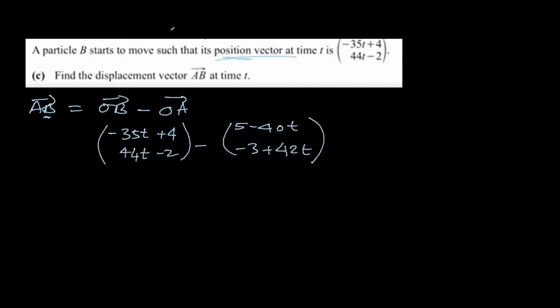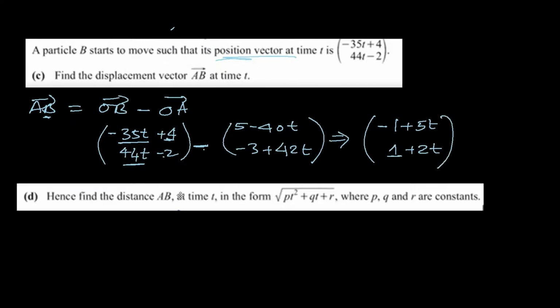At time t, that means t has to be there. So -35t minus (-40t) will be 5t, plus 5t. 4 minus 5 is -1. 44t minus 42t is 2t, positive. -2 minus (-3) is 1. That's simple. We got it.